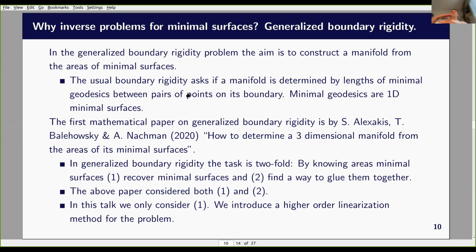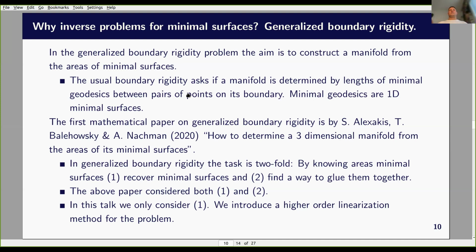You need to somehow stack up these 2D minimal surfaces to get the three-dimensional space. The above paper considered both tasks under some assumptions. In this talk, we only consider the first task, how to recover the minimal surfaces. And as I said, it can be generally done.